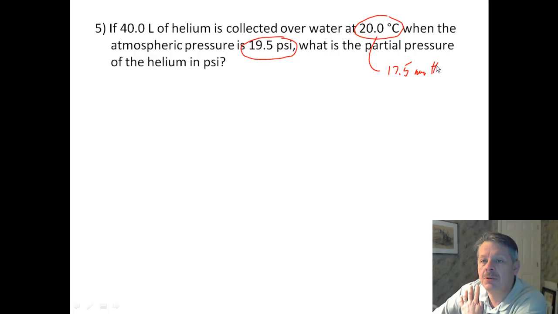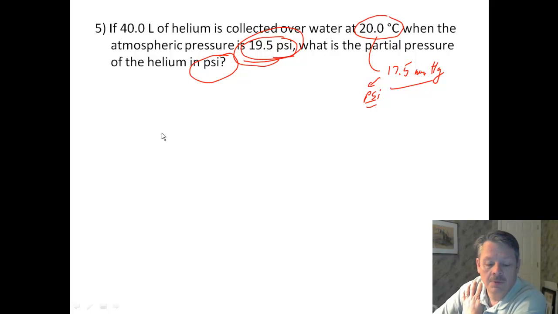So I can do this all in millimeters of mercury. I can do this all in PSI. I can do it all in atmospheres. It really doesn't matter. But I notice that I'm given my initial information in PSI, and I want my final information in PSI. So let's convert this to PSI so that we do all of our work in PSI.